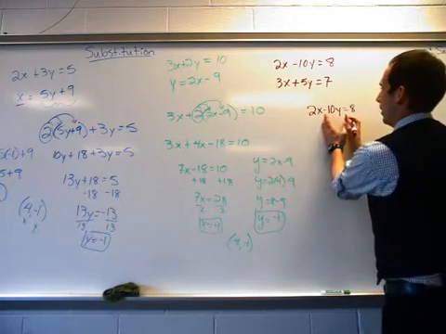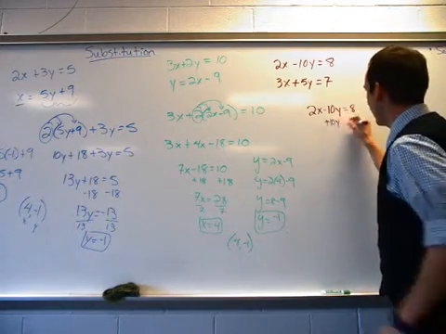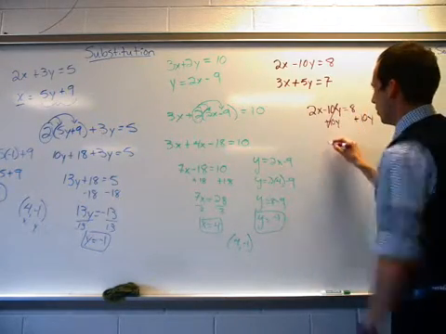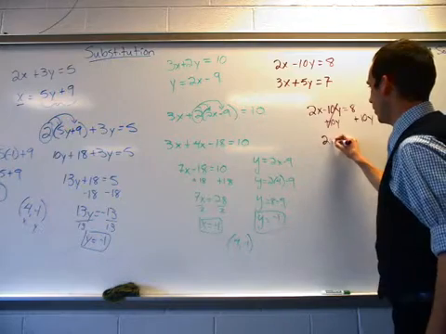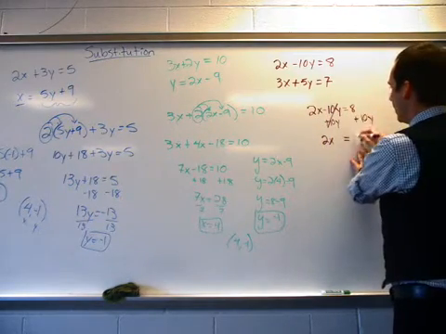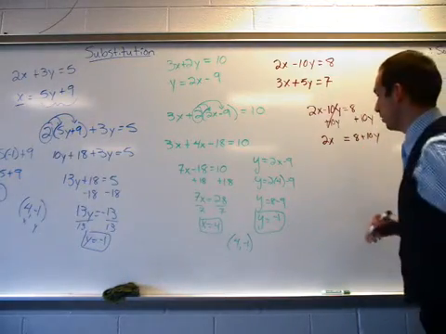I'm going to move this minus 10y to the other side, so I'm going to add 10y to both sides of my equation. This becomes 0, and this leaves us 2x on this side of the equal sign, and 8 plus 10y on this side.